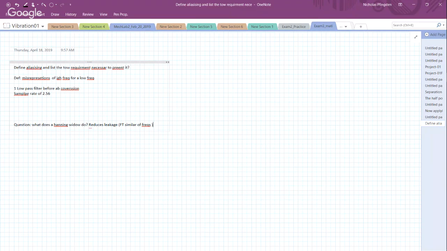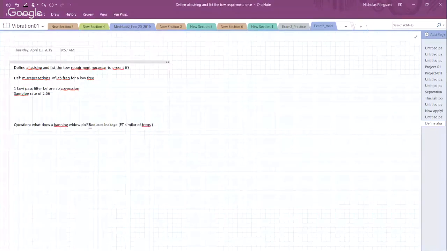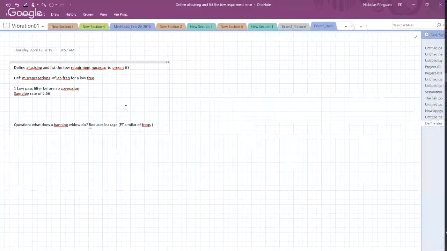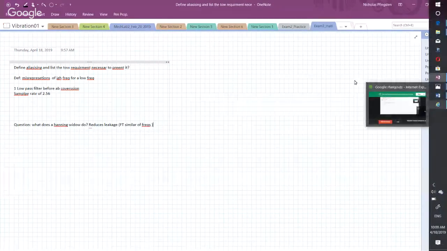All right? So when you look at your notes, you'll see it again. It introduces discontinuities at t equals 0 and at the end of your time record measurement. Those discontinuities tend to smear the frequencies. I personally would wish we called it smearing the frequency, but they call it leakage, which I guess is fine, but I'm not going to change it.